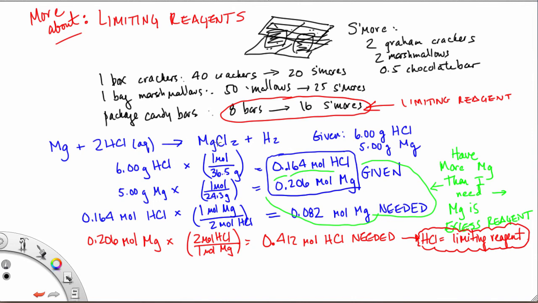So if I want to figure out, well, how much magnesium chloride and how much hydrogen can I make, I now can figure it out since I have my limiting reagent. HCl is my limiting reagent. I was given 0.164 moles. So now what I can do is find how much product is being made.